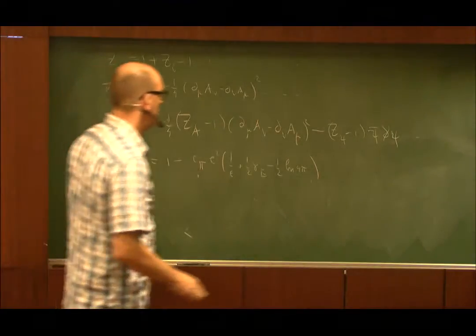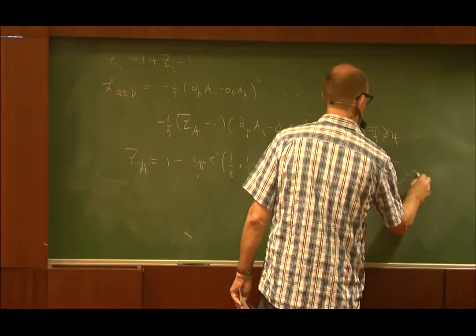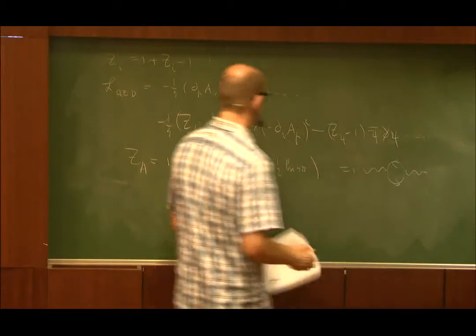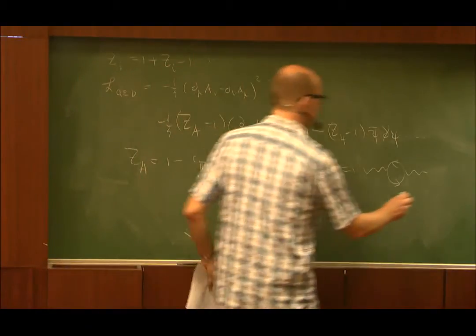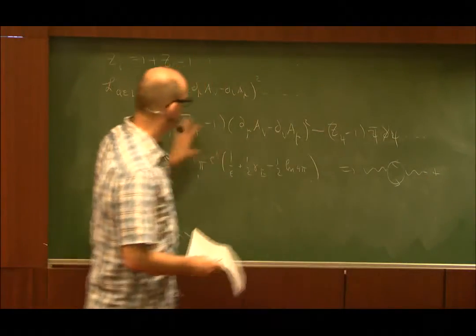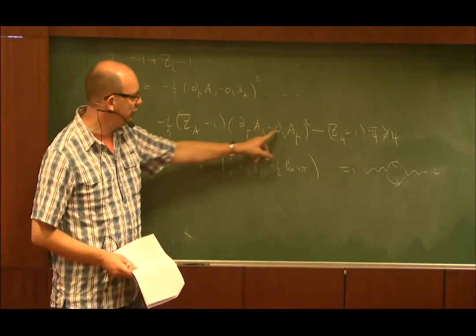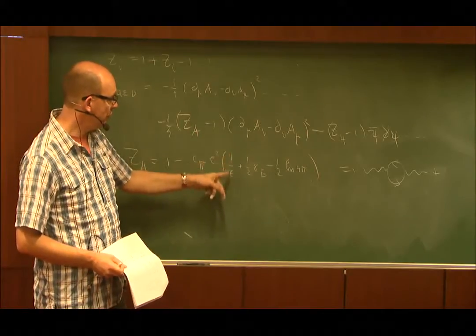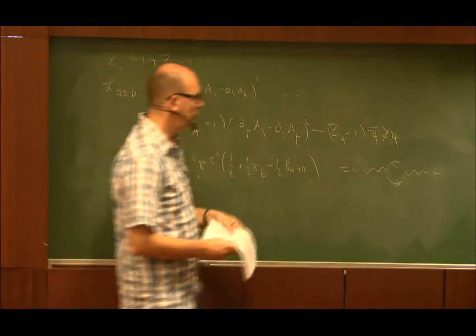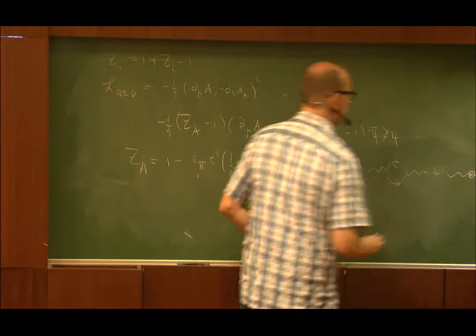So then for this particular diagram, I have this original contribution that comes from this part of the Lagrangian, plus a new term that comes from this part of the Lagrangian. But this only has two fields in it, there's no loop, and the infinite coefficient is just in front. So I usually draw it in this way. It's called a counter term.